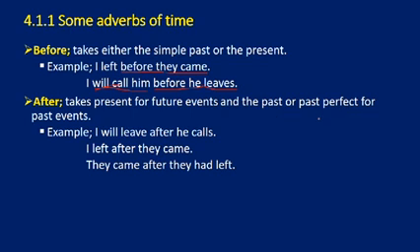ለፓስት ኢቨንት ሲሆን ፓስት ቴንስ ኦር ፓስት ፐርፌክት ቴንስ ይወስዳል. For example, if we say I will leave after he calls, ከደወለ በኋላ ነው የሚሄደው እያለ ነው. So I will leave after he calls, ይሄ ማለት ከደወለ በኋላ ነው የሚሄደው ማለት, this is a future action. ገና አልሄድኩም, ለመሄድ እያሰብኩ ነው ማለት ነው. መቼ ለሚለው ጥያቄ እሱ ከደወለ በኋላ, after he calls.